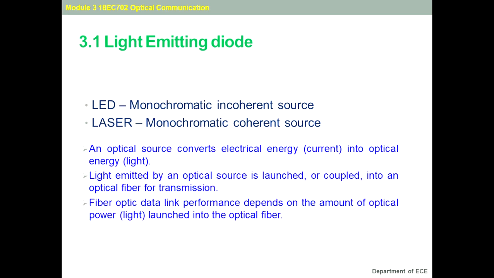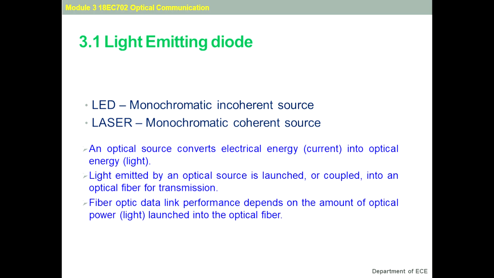If you compare LED and laser, we know LED is a monochromatic incoherent source, whereas laser, light amplification by stimulated emission of radiation, is also monochromatic, but it is a coherent source. It provides a more directional beam. The optical source converts electrical energy, that is current, into optical energy in the form of light.